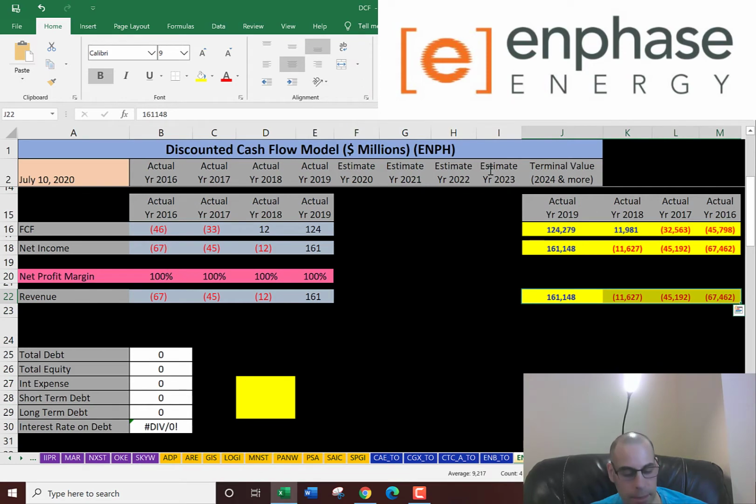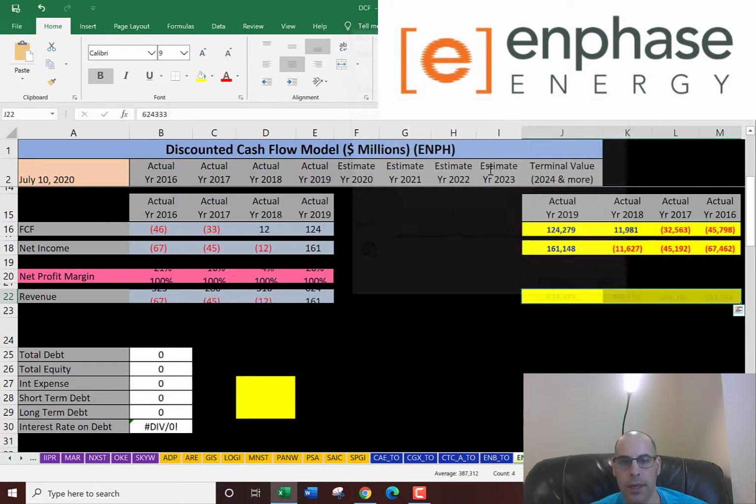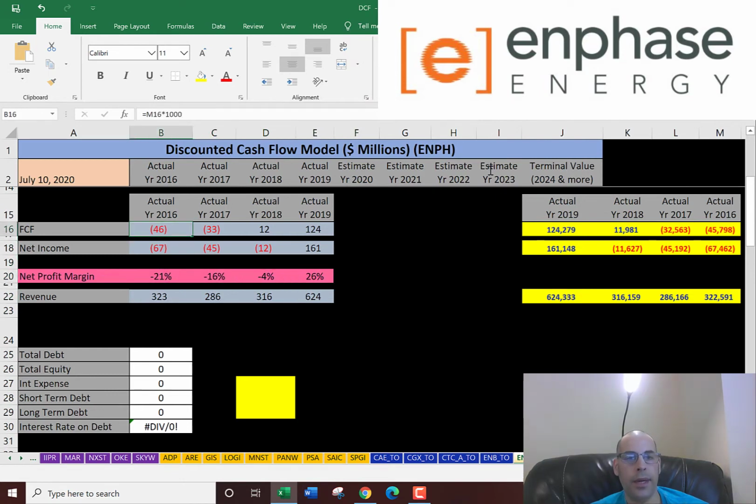So as you can see, there's some negatives in the numbers. There's 2 years with negative free cash flow, which means they spent more money than they brought in those years. And there's 3 years of negative net income. And net income is more accounting. In 2018, the company generated $12 million of cash flow, which means it brought in $12 million more than it spent in cash.